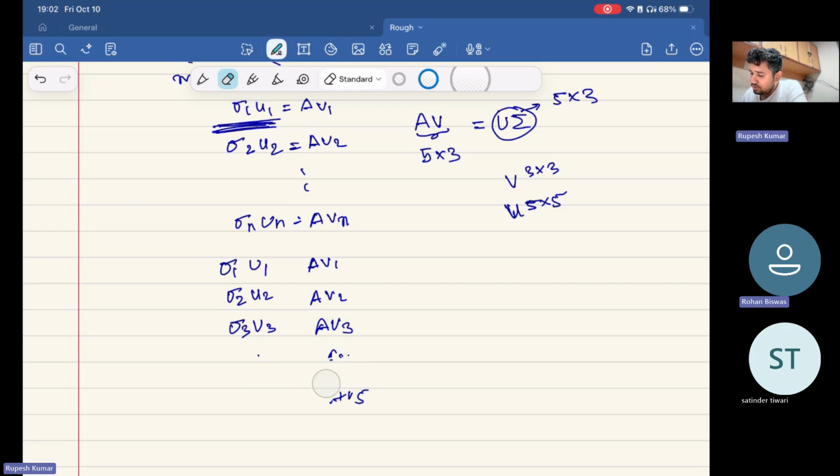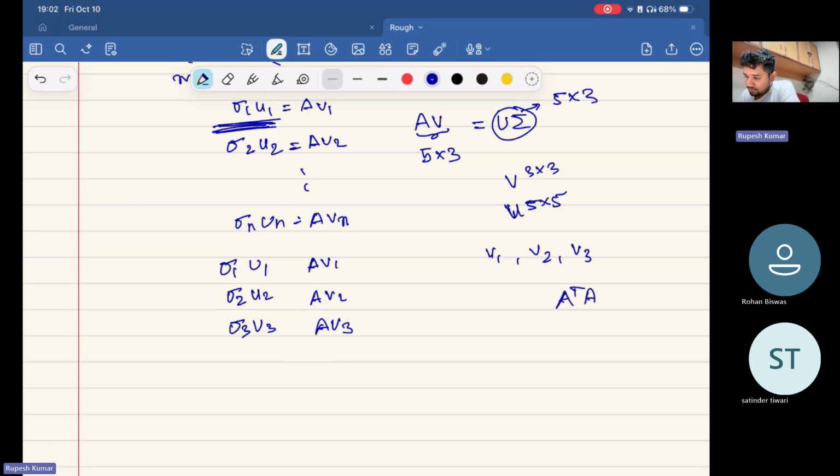Now you know these three singular vectors V1, V2 and V3. How do you know? You did an eigenvalue decomposition of the A transpose A matrix, and from there you get sigma 1, sigma 2, sigma 3 and V1, V2, V3, right? Now you want to compute U4 and U5. What will be these values?